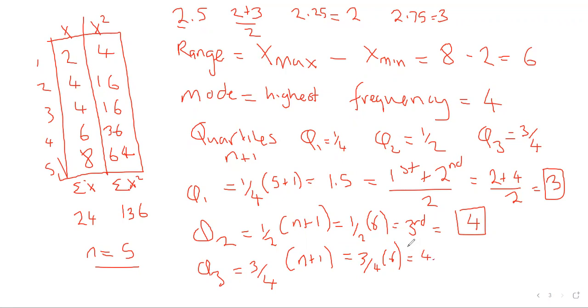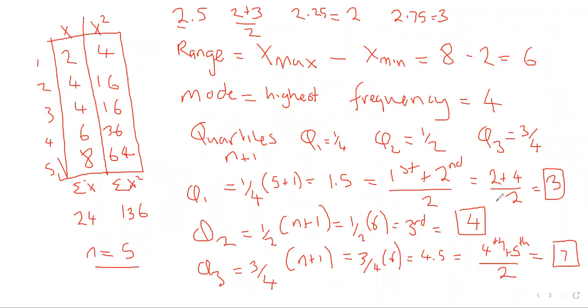So what does that mean? 4.5 means the fourth and the fifth. Then you divide by 2. So the fourth is 6 and the fifth is 8. You divide by 2. What we get is 7. So this is how we find the quartiles.